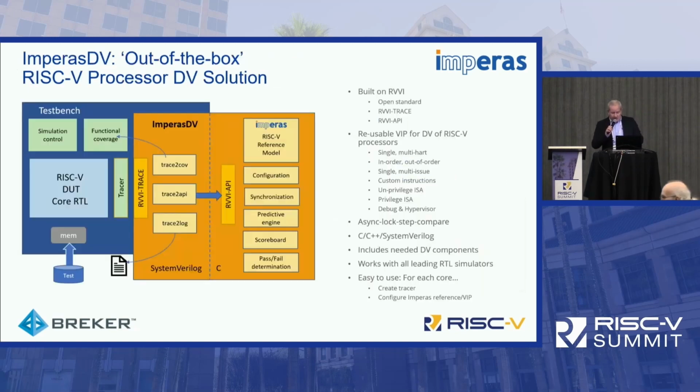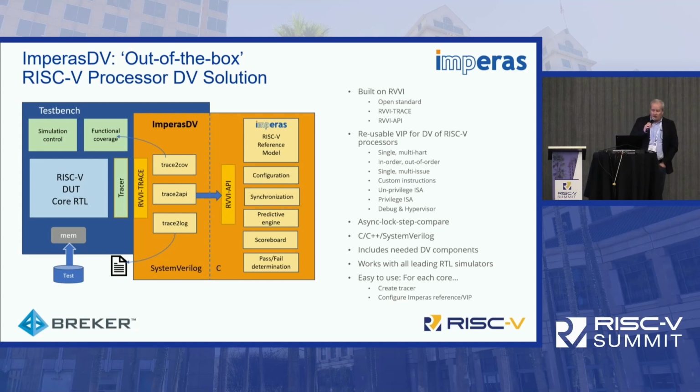And we've recently been working on a technology which we call Imperas DV. And what Imperas DV does is it allows you to provide a configured core that matches the ISA specifications laid out by the organization. But in addition to that, to be able to extend that with your own custom instructions, custom CSRs. And the implementations that you have can be in order, out of order, multi-hart, single hart.